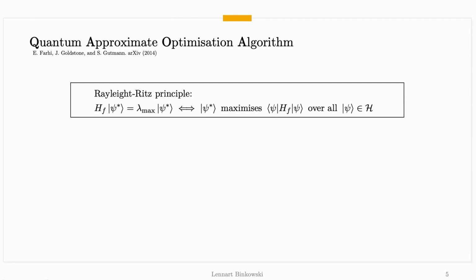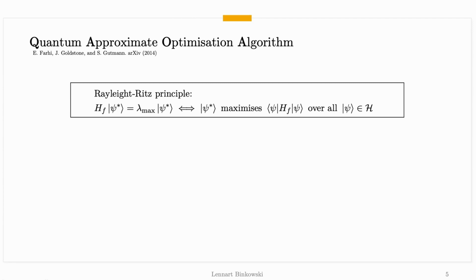Okay, now that we have covered these two types of enforcing constraints, let's talk about an algorithmic scheme where we can actually implement both of these types, namely the quantum approximate optimization algorithm, which should be well known.